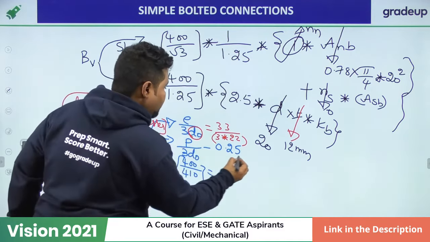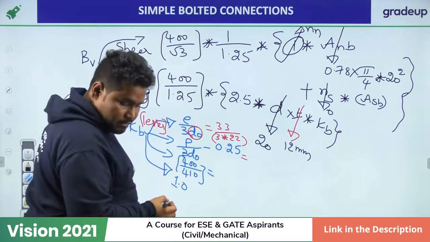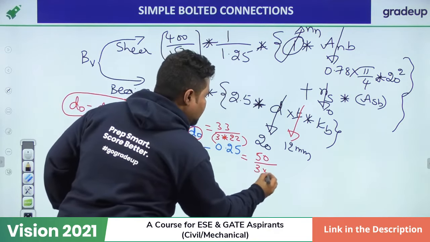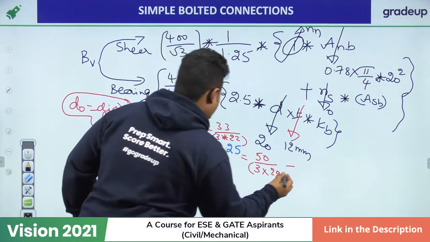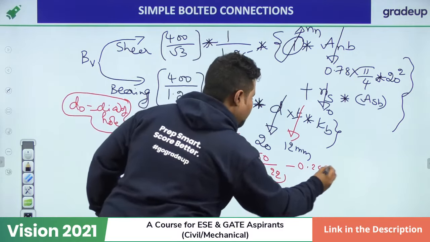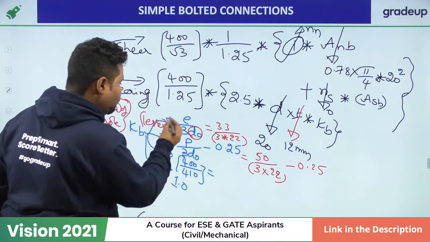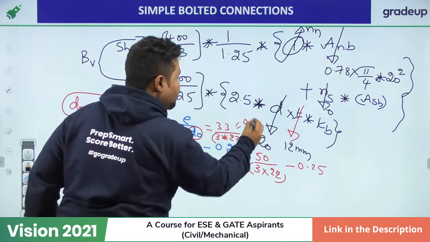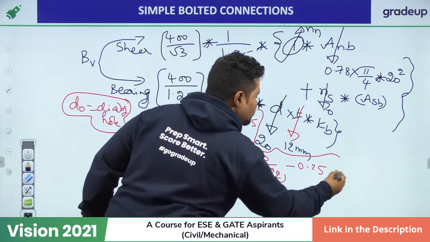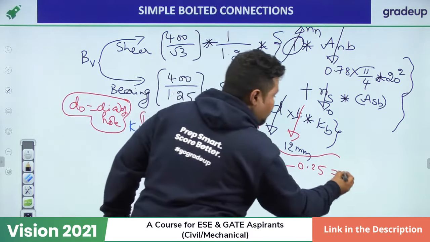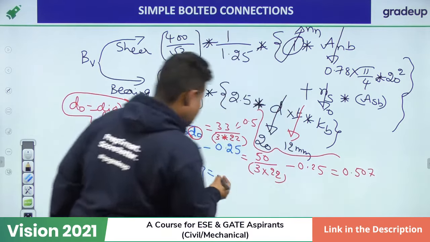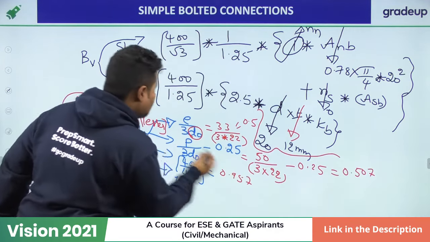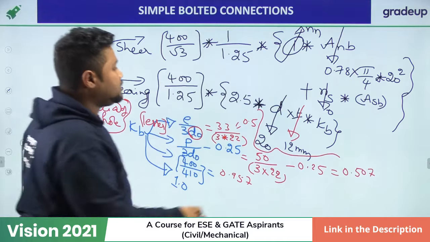And coming here, the pitch value is 50, so 50 by 3 into d naught, 22, minus 0.25, and this is 410 by 4. Out of these, one value is 0.5 and another is 0.507, which is more than 0.5, and the last is 0.957. So out of these, 0.5 you need to consider directly.